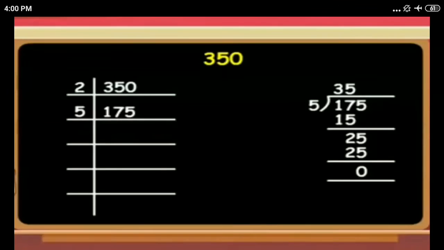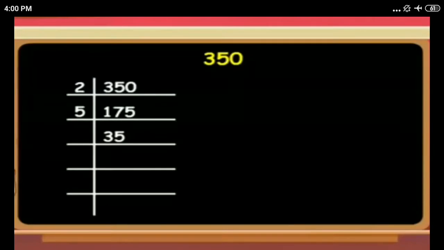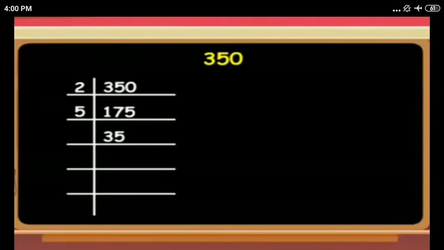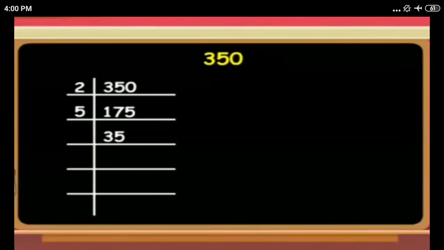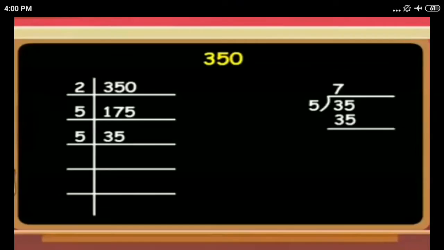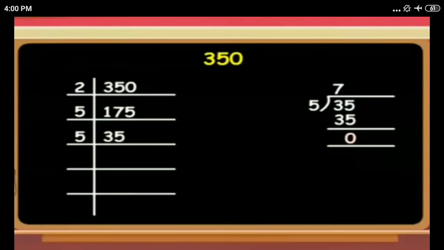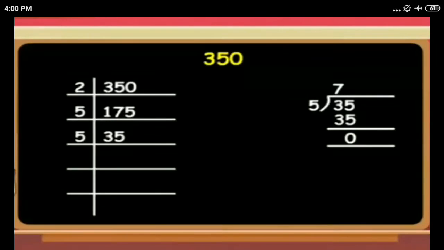So 5 is written below 2 and 35 is written below 175. Again we have to divide 35 by a prime number. So we divide it by the prime number 5. If we divide 35 by 5, it is completely divisible, remainder 0. So 5 is written below 5 and 7 is written below 35.